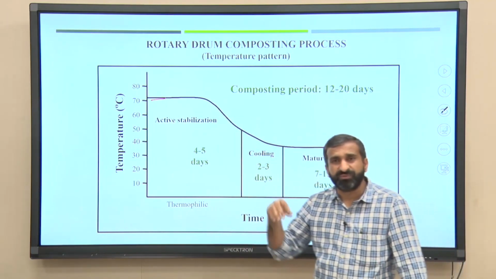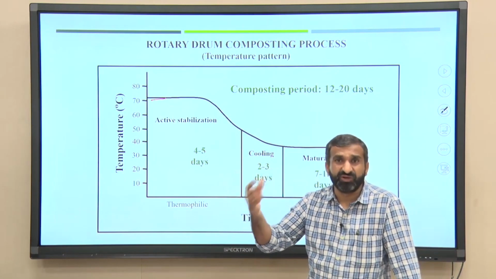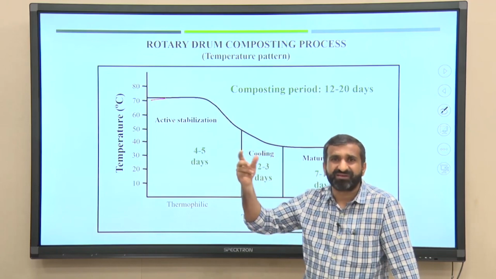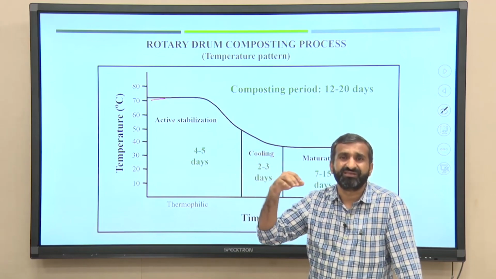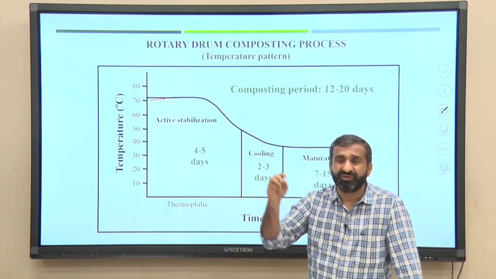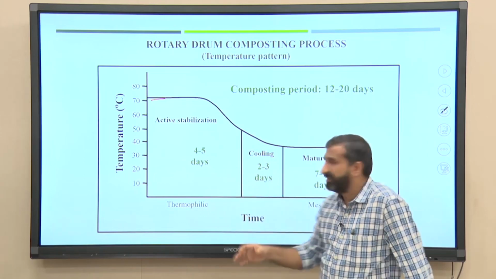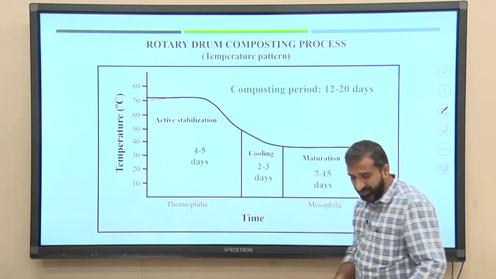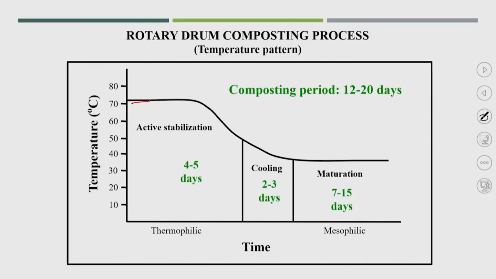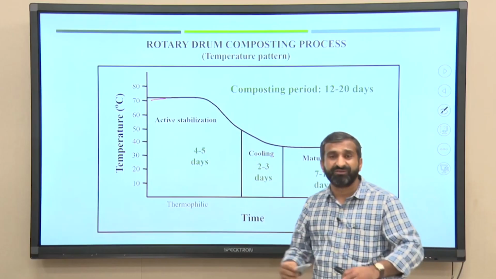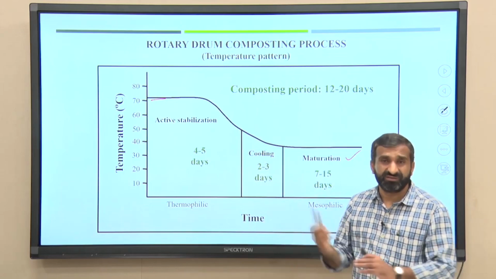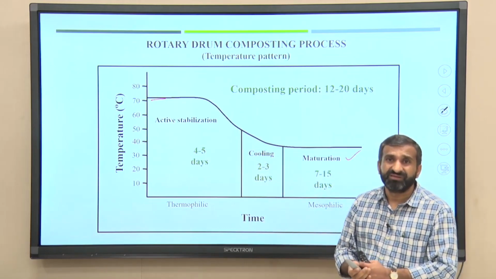The maturation could be done by windrow or aerated static pile method, which a number of private companies in European countries have studied. Here it is also possible to run a vermicomposting facility for maturation, so that a very good quality final product can come up.